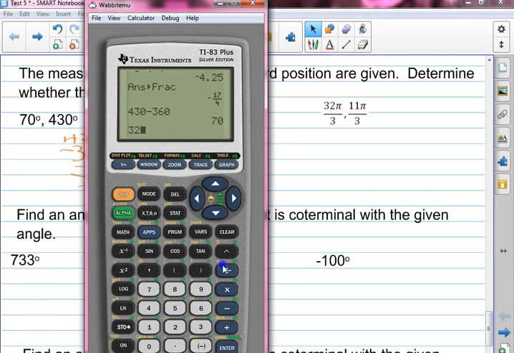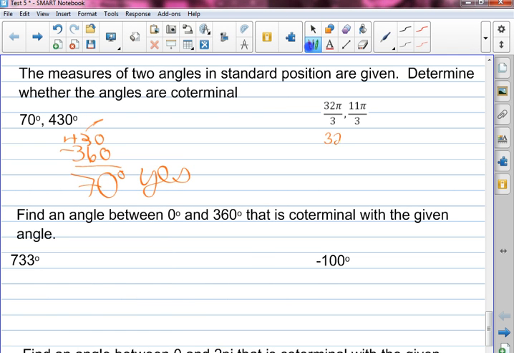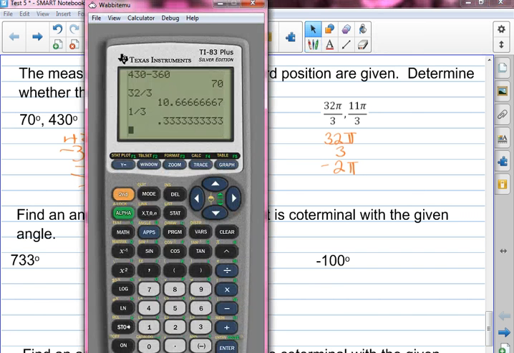Now this one over here, I'm going to take the bigger one. So 32 divided by 3 and 11 divided by 3. So the bigger one is 32 over 3, and I'm going to subtract 2 pi. So 32 pi over 3 minus 2 pi. And remember, you don't put the pi in the calculator. So 32 over 3 minus 2, and that's 26 pi over 3.